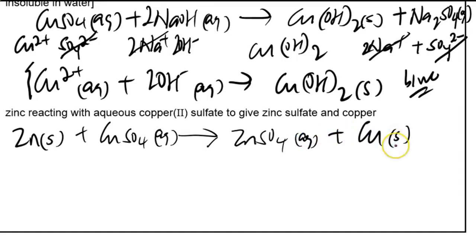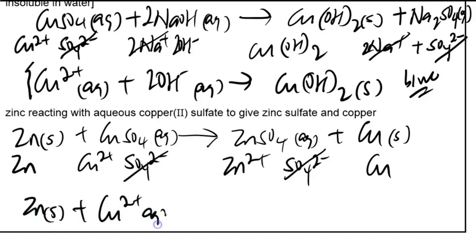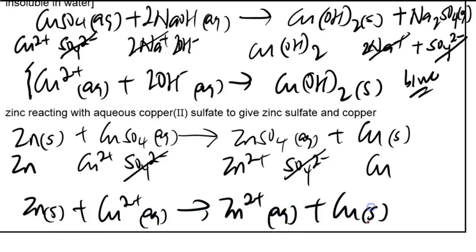From the solubility table, you know that zinc sulfate is soluble in water. Now we split into ions again and cancel like ions on both sides. And we get zinc solid plus Cu2 plus aqueous, giving me zinc 2 plus aqueous and copper solid.